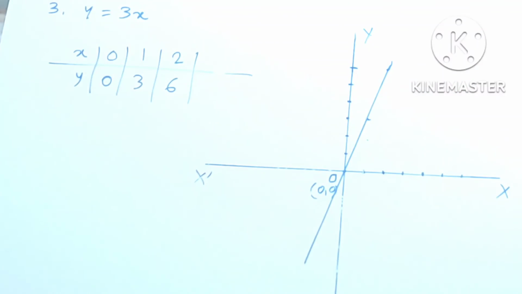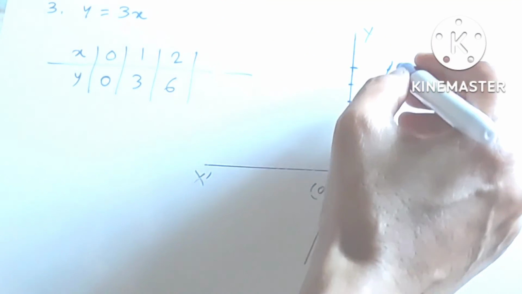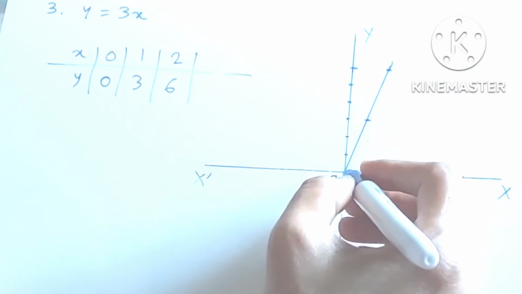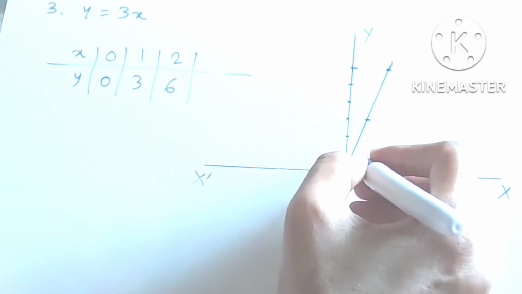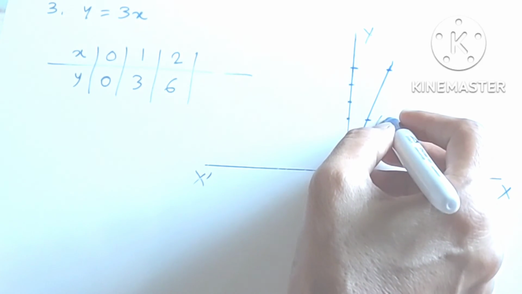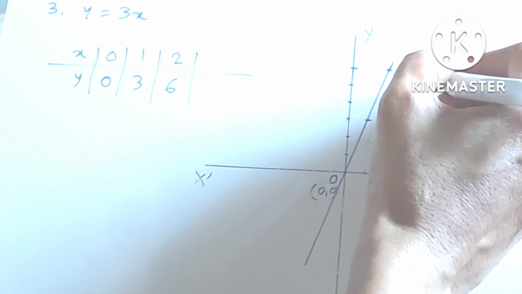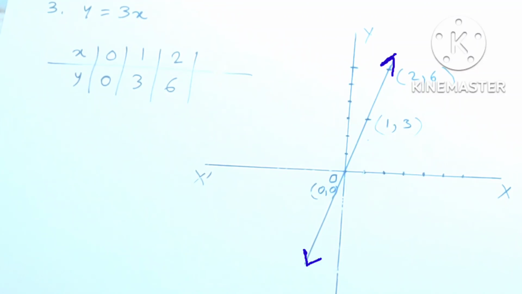And this is the graph. And the points are here 0, 0 and here 1, 3, here 2, 6. Complete.